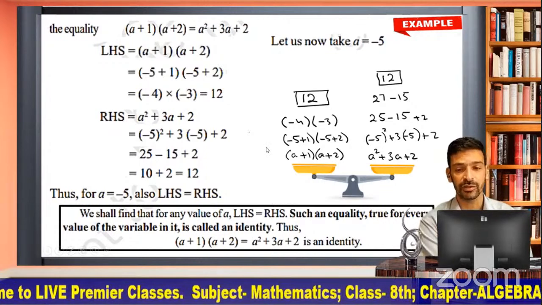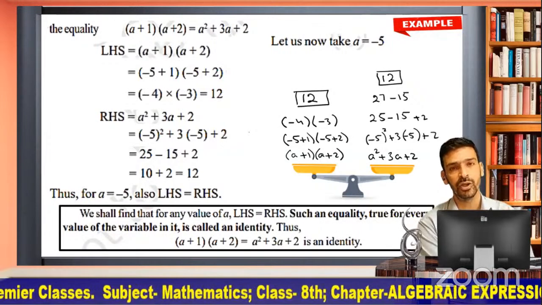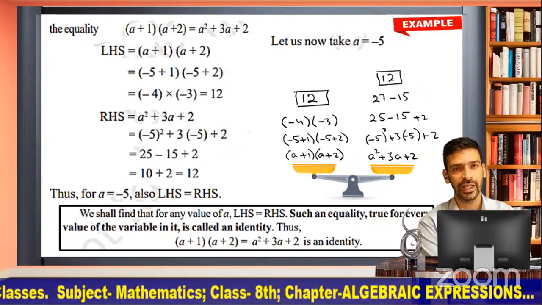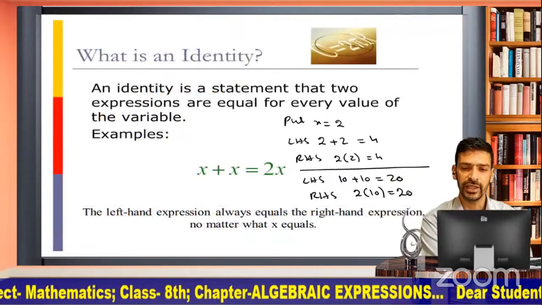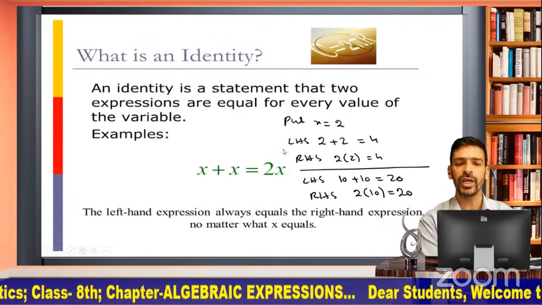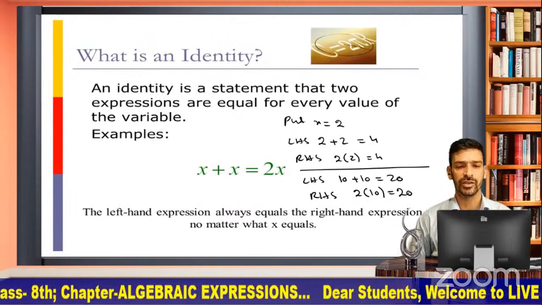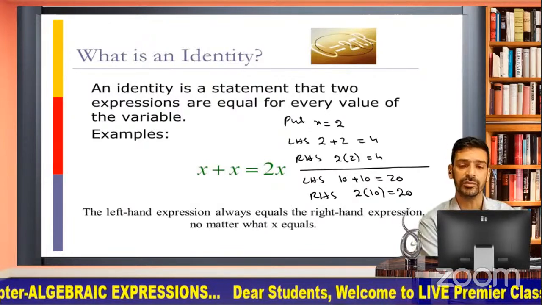Here we came to conclusion that वो equality जहां वेरिएबल का कोई भी वैल्यू लेकर LHS और RHS इक्वल बनेंगे, दैट इज एन आइडेंटिटी. सो आइडेंटिटी की हमने डेफिनेशन एक देखी कि इट इज अ स्टेटमेंट दैट टू एक्सप्रेशंस आर इक्वल फॉर एवरी वैल्यू ऑफ द वेरिएबल.